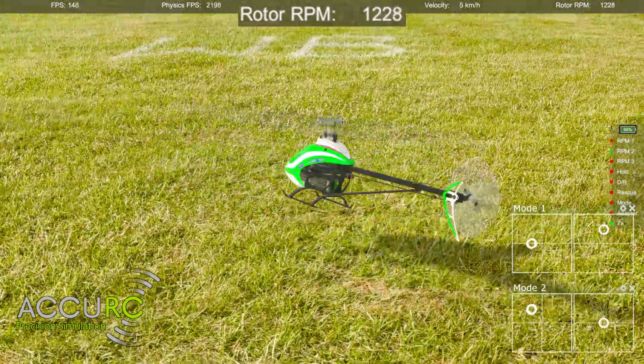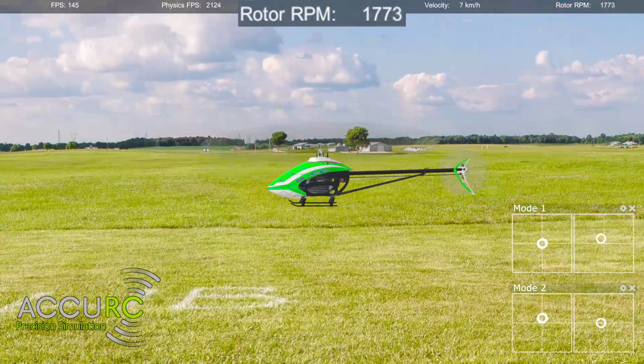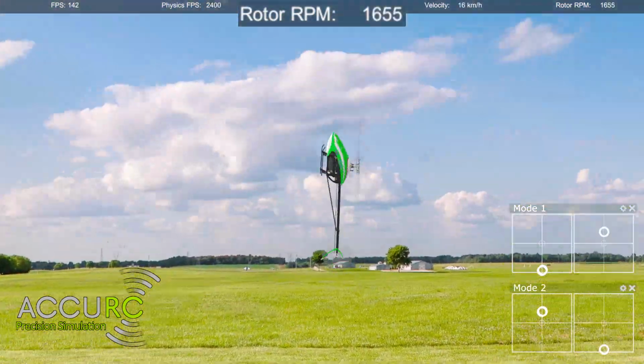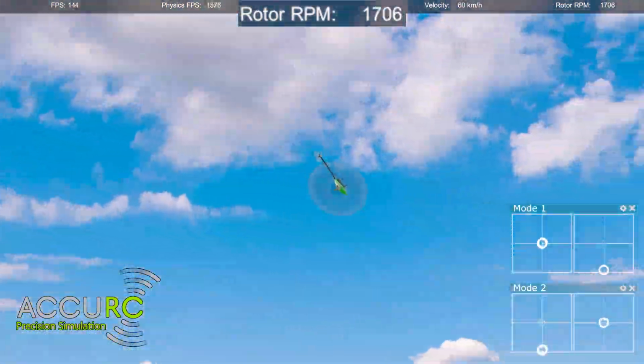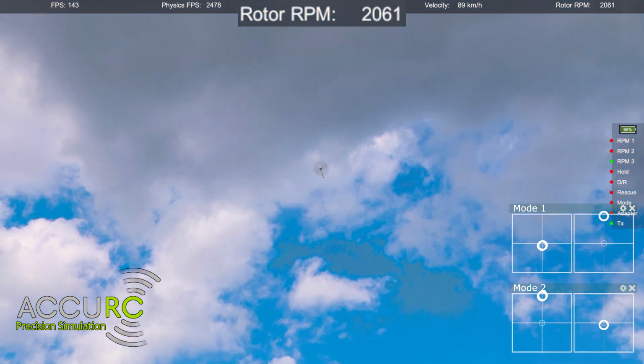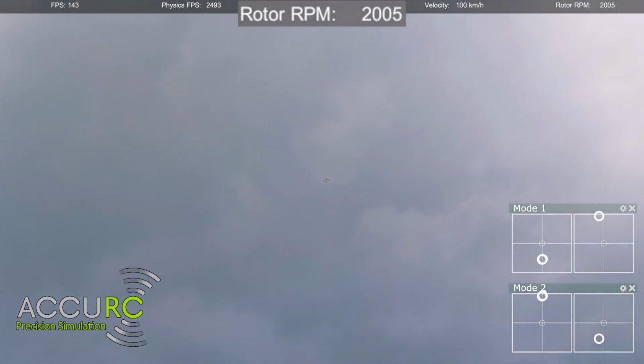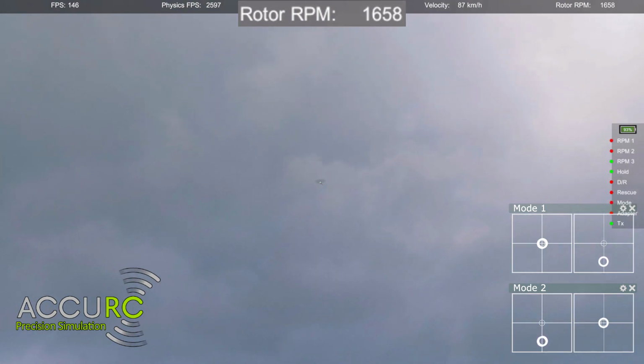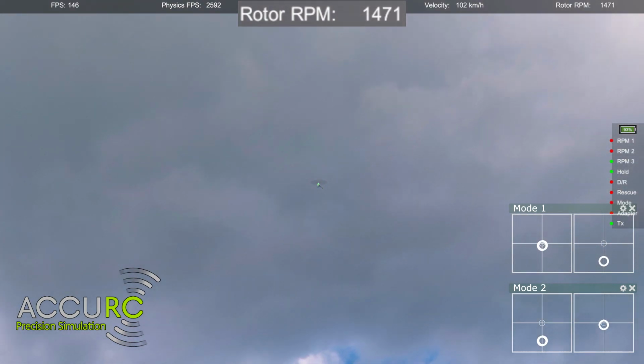But yeah, once you can shoot auto rotations and come out in front of you, you can switch it off if you like. So we once again go up and up and up and up, set up our approach, gain forward speed, level, drop collective, and this time we switch it off. So now we're flying unpowered.